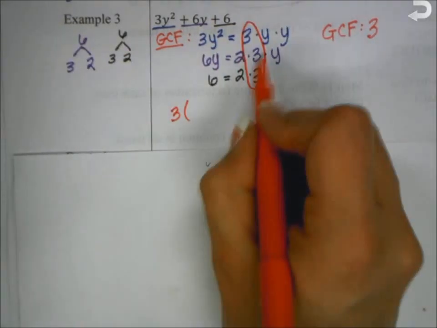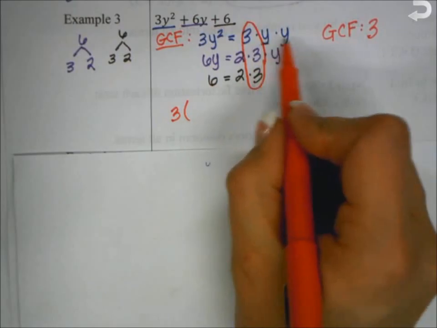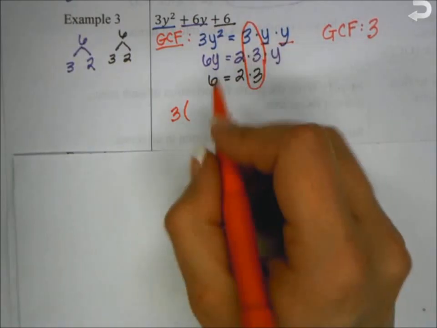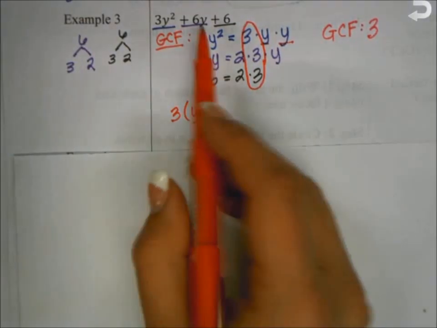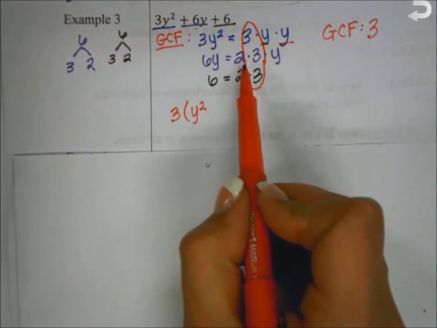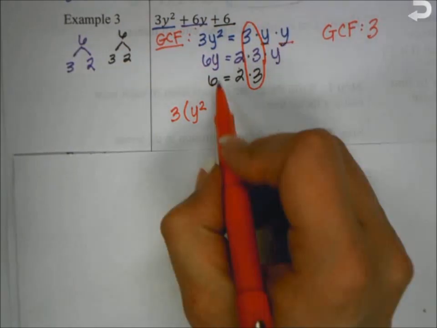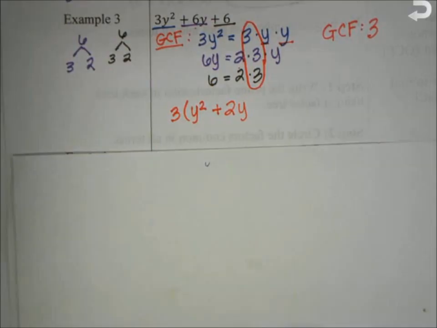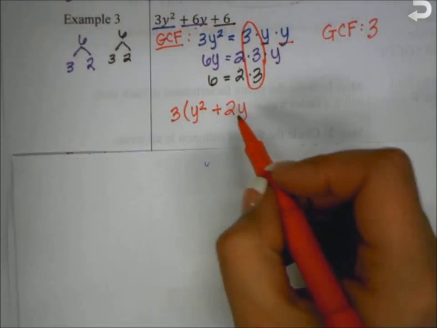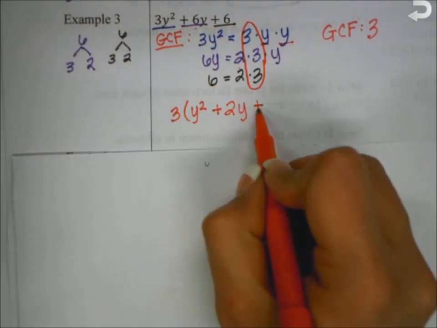So what does that give me? y squared. For 6y, what's not circled? 2 times y. So that gives me positive 2y. And for 6, what's not circled? 2. So positive 2. I get it. And that would be my answer.